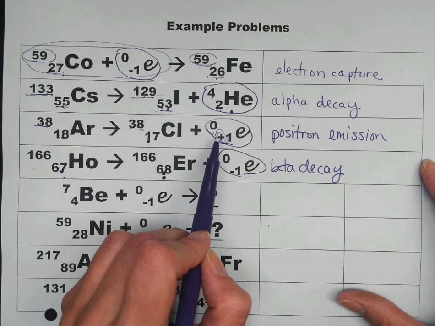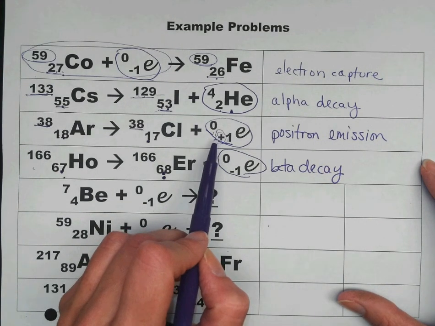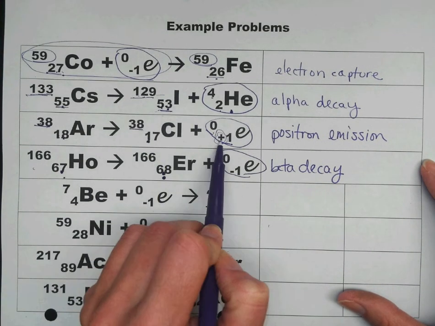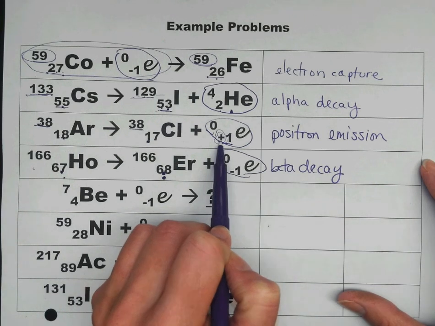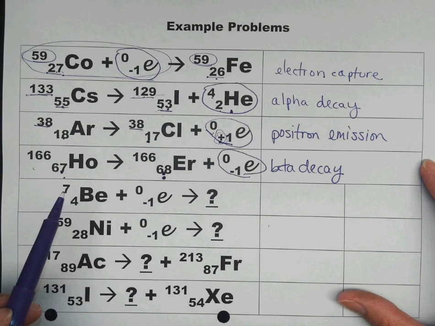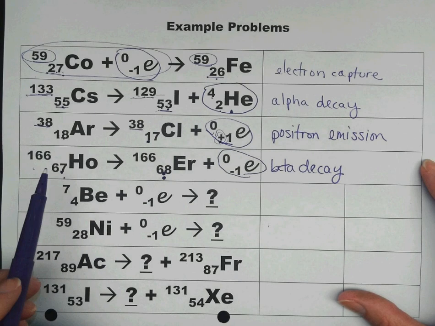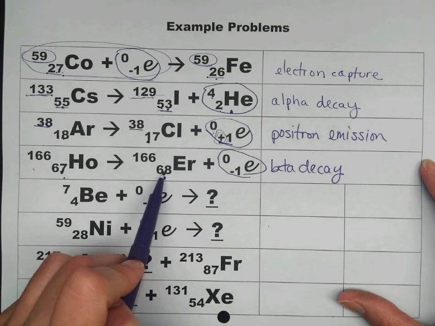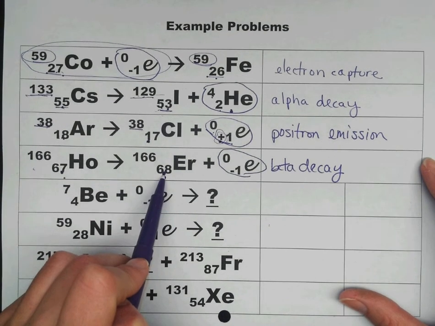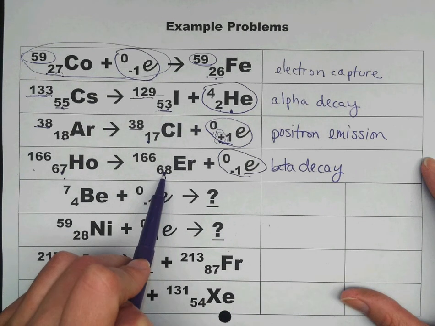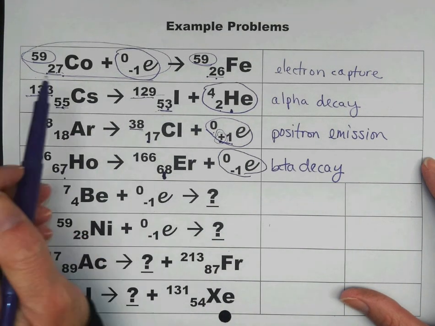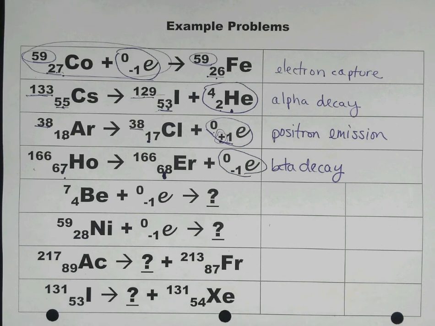And then we have the positron emission, and for positron emission, that's the only one with that positive charge on there, the positron. And then finally in beta decay, that's the only one in which the atomic number actually goes up from 67 to 68 in this example. So all the other ones, the atomic numbers go down. So those are some examples of each of the different types of radioactive decay.